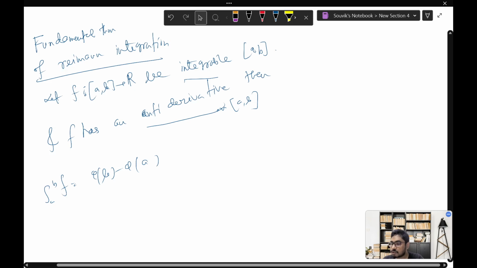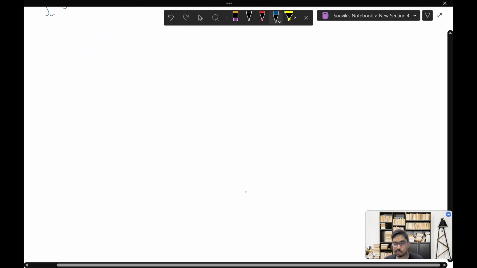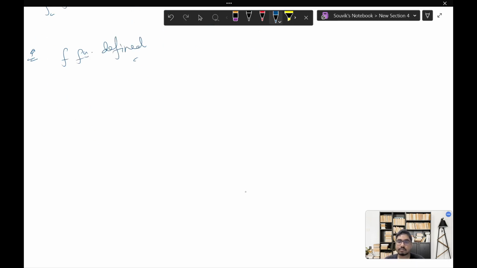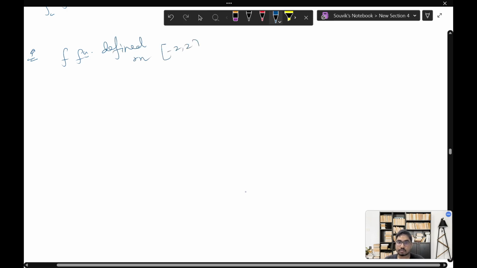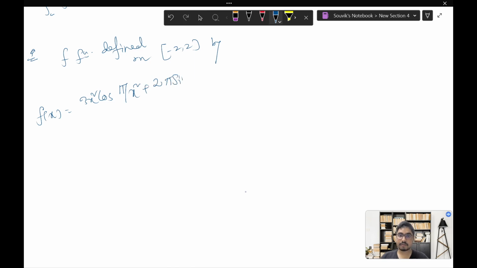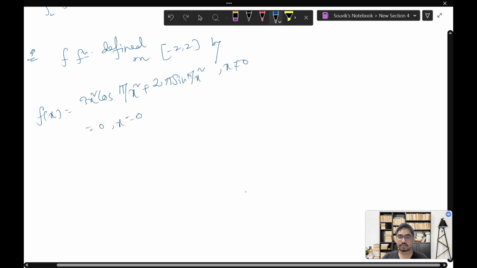Let's solve a tricky problem using it. f is a function defined on minus 2 to 2 by f(x) is equal to 3x square cos pi by x square plus 2 pi by x sin pi by x square for x not equal to 0, and 0 for x equal to 0.